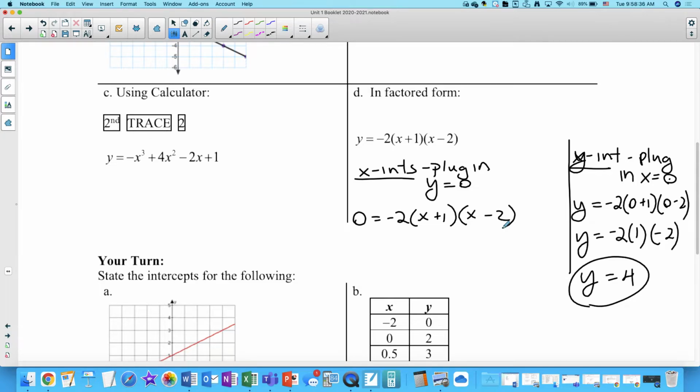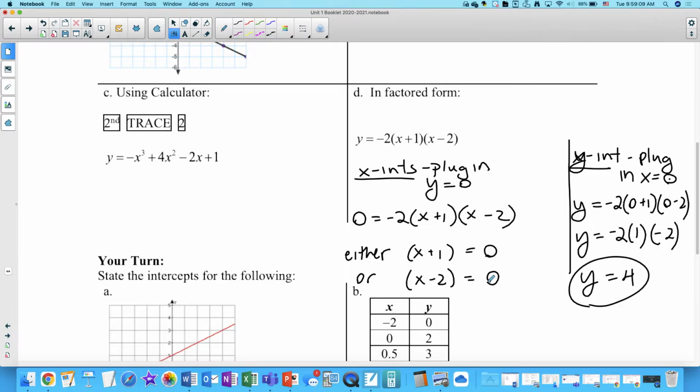So how do we figure out what value of x would make the left side 0? Well, firstly, this factor of -2 is always equal to -2, so that will never equal 0. One of these two could equal 0, though, depending on the value of x. So either x plus 1 equals 0, or x minus 2 equals 0.